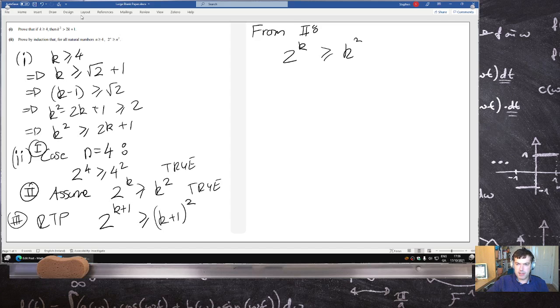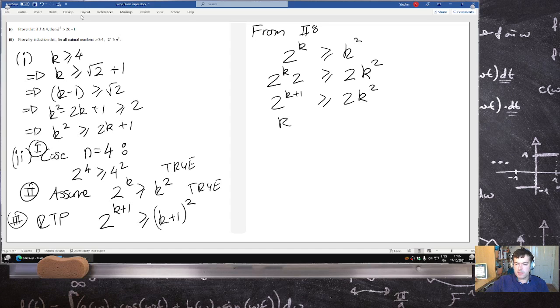Now, if we multiply both sides by 2, that means 2 power k times 2 is bigger than or equal to 2k squared, which means 2 power k plus 1 is bigger than or equal to 2k squared.